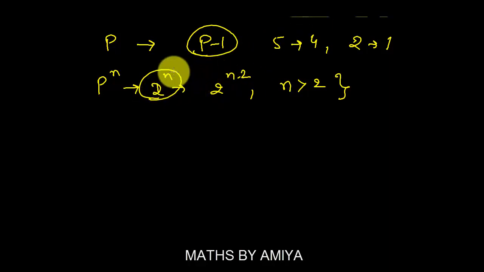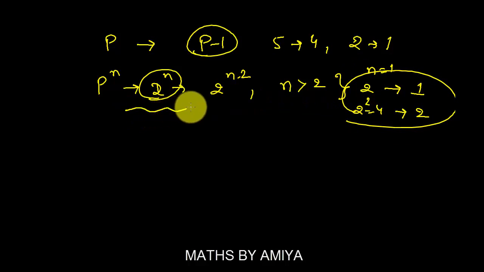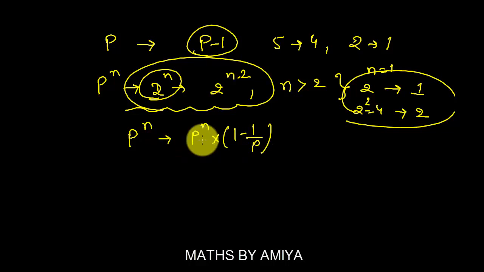But what happens when n is equal to 1, that is 2? The cyclicity is 1. When n is 2, that is 2 squared equal to 4, the cyclicity is 2. For the rest, the cyclicity of 2 raised to power n follows this formula. For other primes raised to power n, the cyclicity is p raised to power n into 1 minus 1 by p, which is the Euler value. These two are the same as the Euler, but the 2 raised to power n case is different from the Euler.